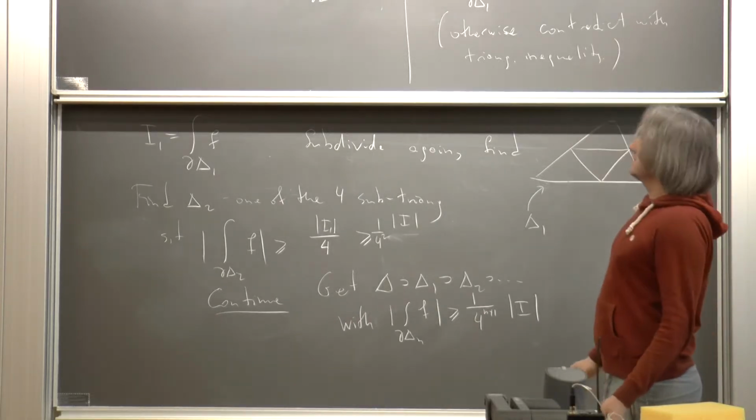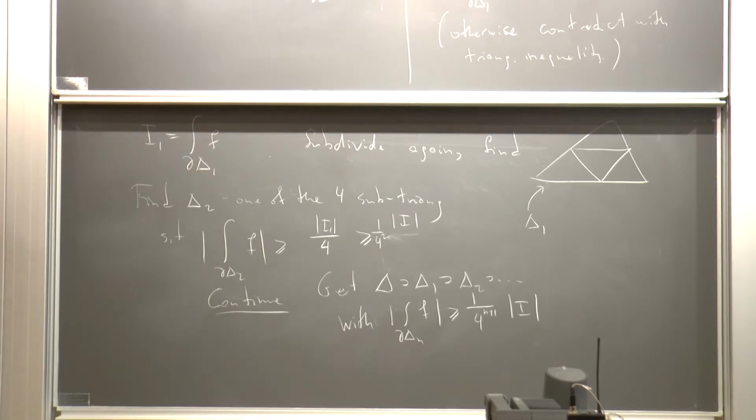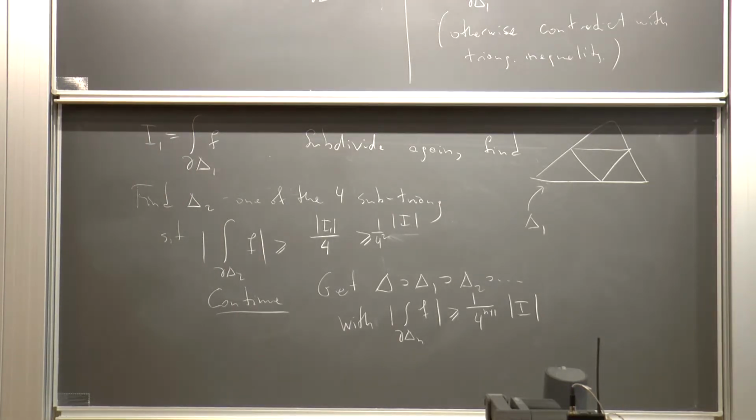Now notice that the sides of delta n are 1 over 2 to the n, I guess, maybe 2 to the n plus 1, of the sides of the original triangle.